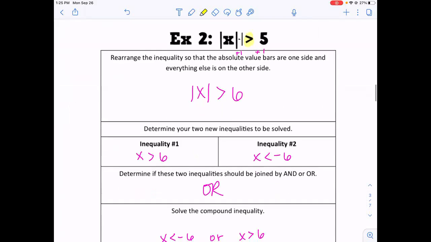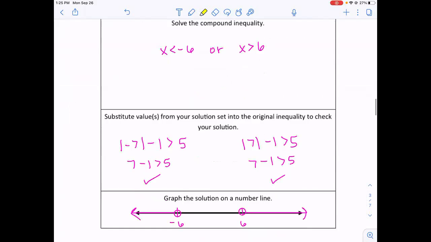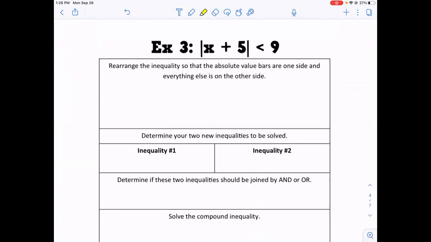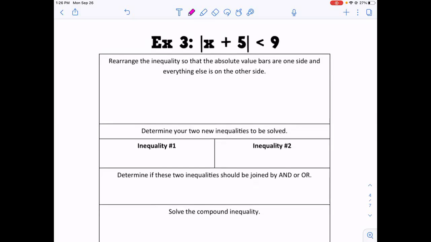All right, let's go to example 3. Example 3, we finally get to do some algebra after we split up our two inequalities. Now question, is our absolute value isolated on one side? It is important that it's on the left side.